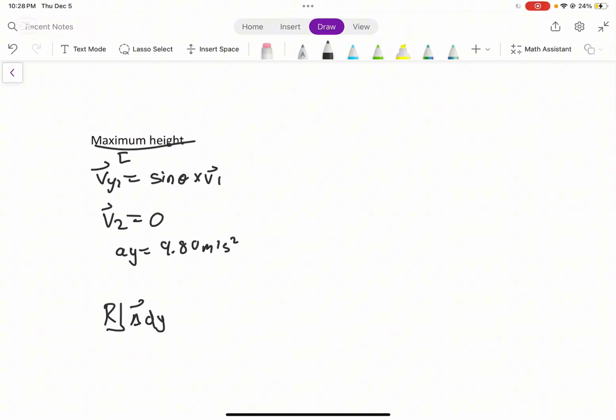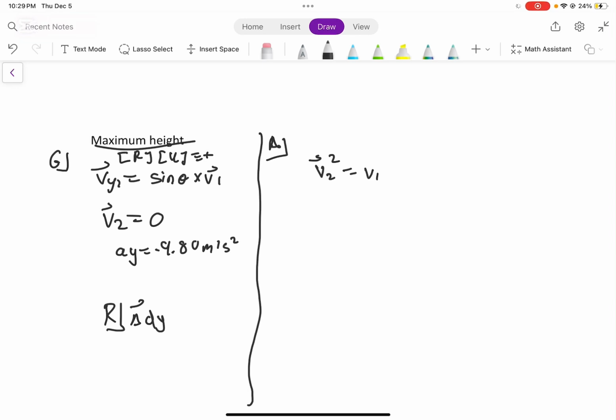Now we can set right and up to equal positive, so it would be negative 9.80 meters per second squared. Now we're getting somewhere, right? We have a few different variables we can work with. If you think back to our kinematics equations, one of them was v2 squared is equal to v1 squared plus 2a delta d.